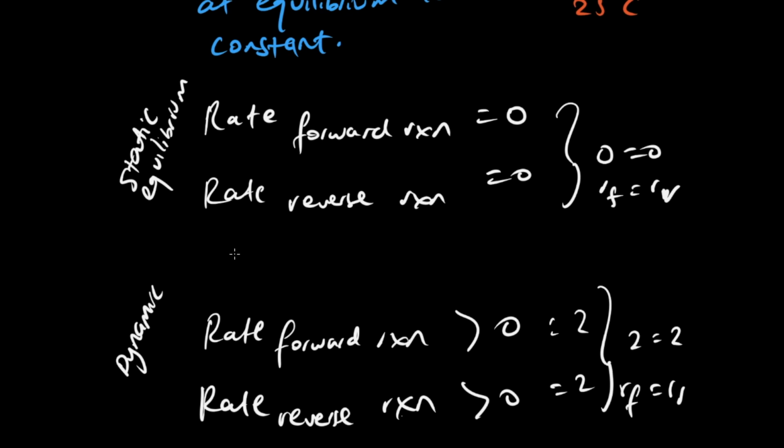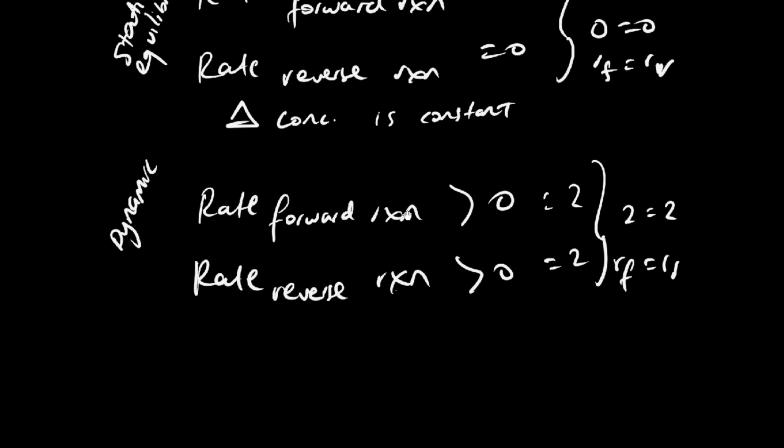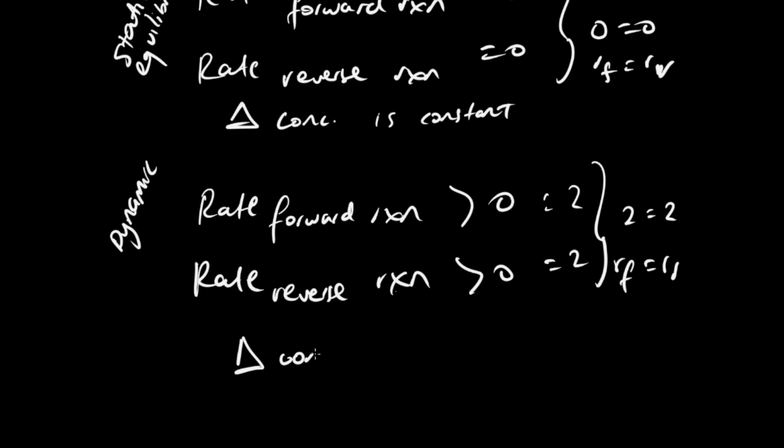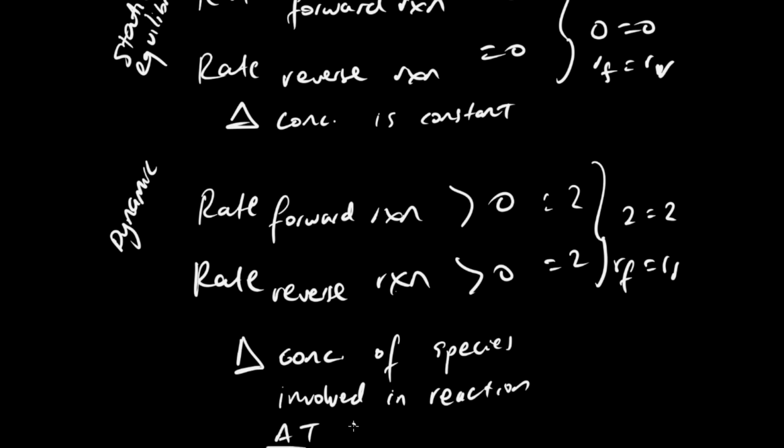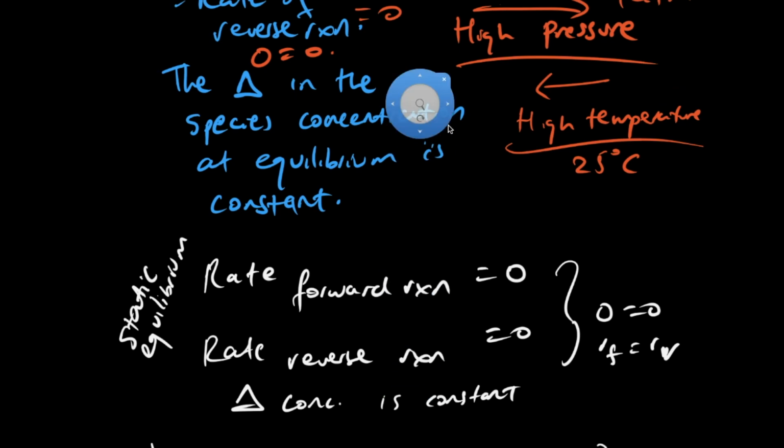Okay, and the change in the concentration of the species involved in the equilibrium is constant for static, also for dynamic. The change in the concentration of species involved in a reaction at equilibrium equals 0.